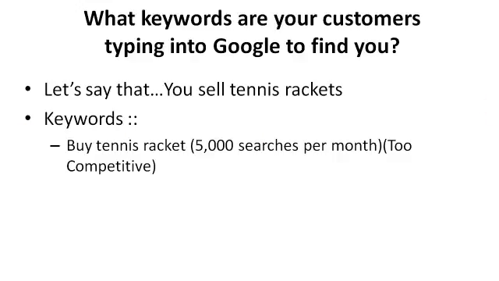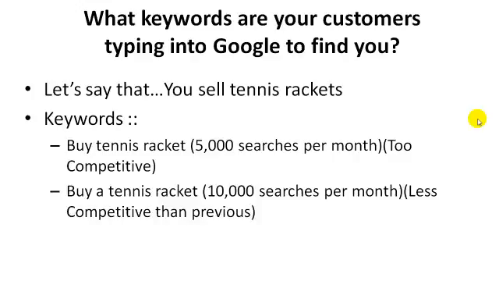And that's my point here: you really need to know your product and your customers and target the right customers. And another cool tip is that different keywords can be very different in terms of the amount of searches that they get. For example, buy tennis racket, hypothetically, I'm just making these numbers up, could be 5,000 searches per month.